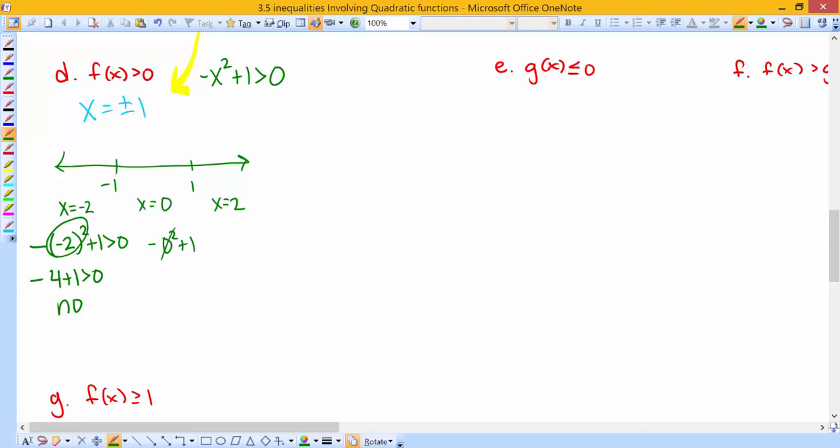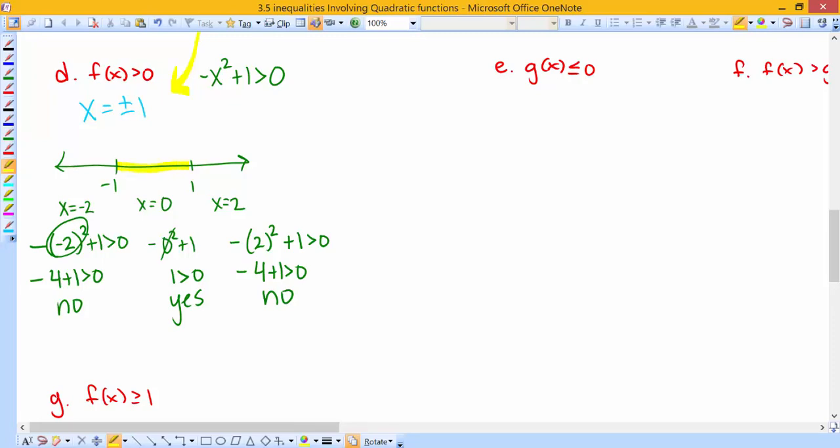That goes away. I am left with 1 is greater than 0. Yes. And then 2. Negative 2 squared plus 1 greater than 0. This is negative 4 plus 1. Is that greater than 0? It is not. So the only piece that worked was where 0 was, and that's in between the two values.